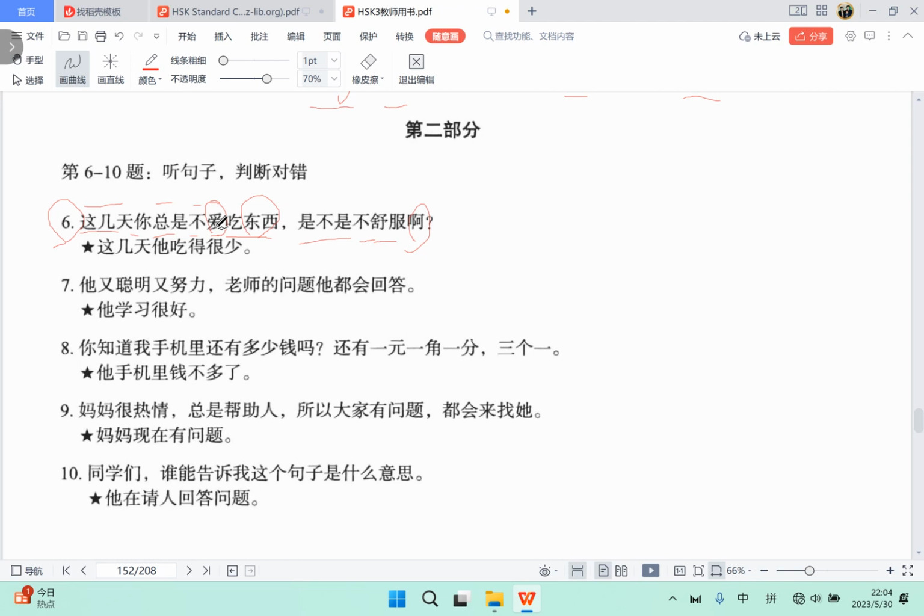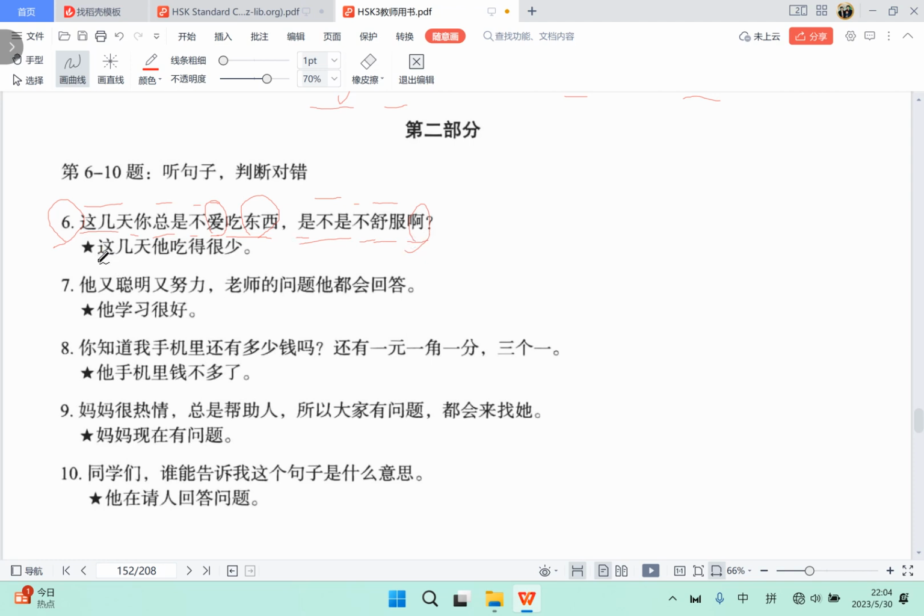Most people like to eat, but sometimes when you feel terrible you just don't enjoy it. And 是不是 means whether or not, 不舒服 not comfortable, so is it because you're not comfortable? 啊 at the end of the sentence just expresses emotion, like I'm caring about you, a little bit worried.